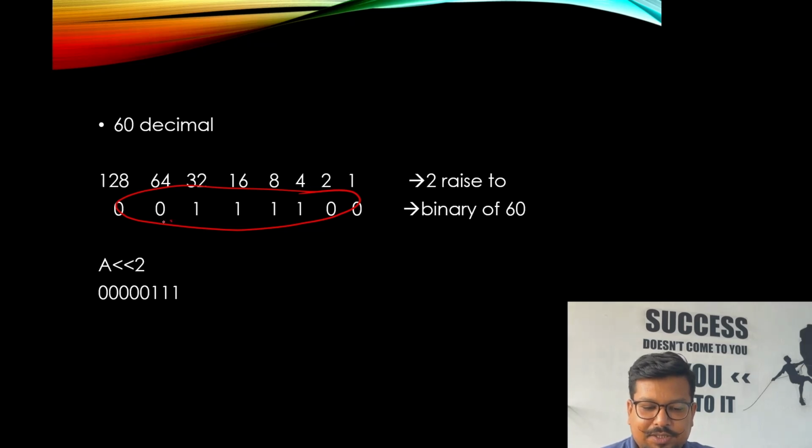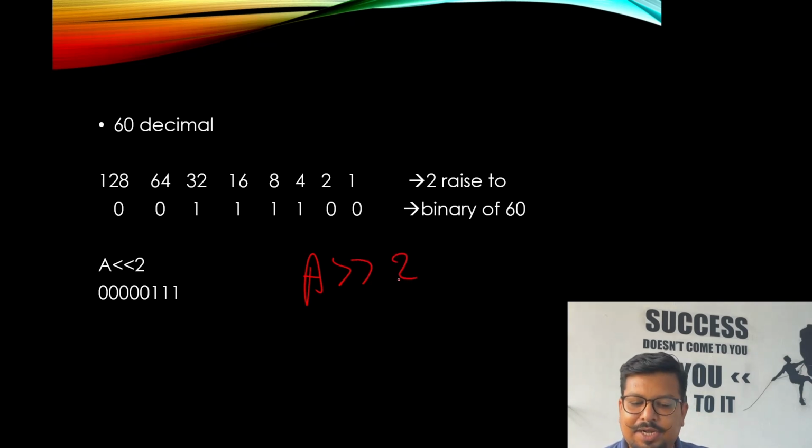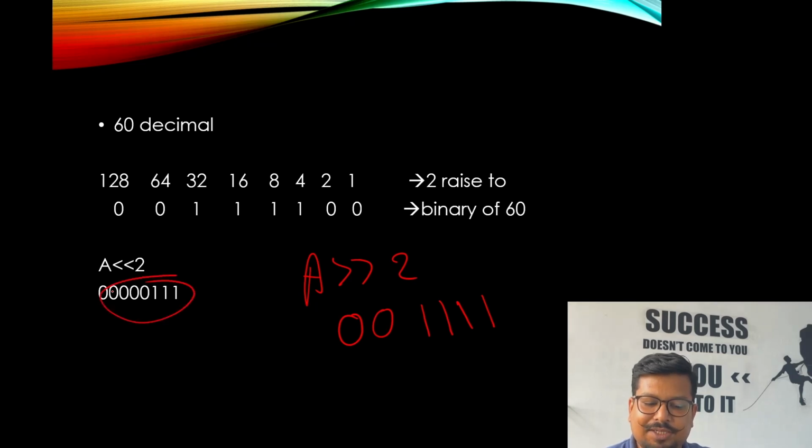Two bits are going out, then we have this one. So actually this is wrong. I have done a right shift over here. So A to the right hand side: 0 0 1 1 1 1. I'm going to get it. So if I do a right shift by 3, then I'm going to get this answer over here.